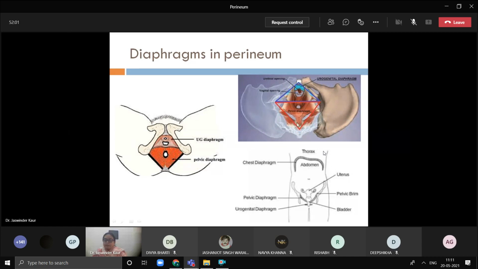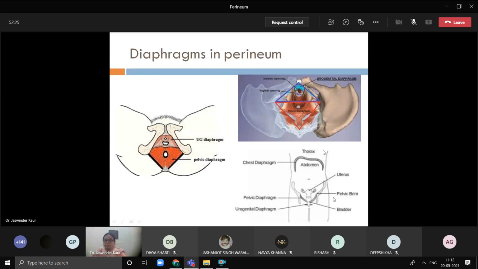In the anal triangle, it is the pelvic diaphragm, right? When you see this, above is the pelvic diaphragm and below is the urogenital diaphragm, at the pelvic outlet.